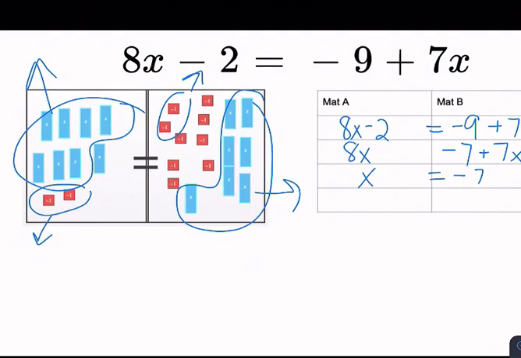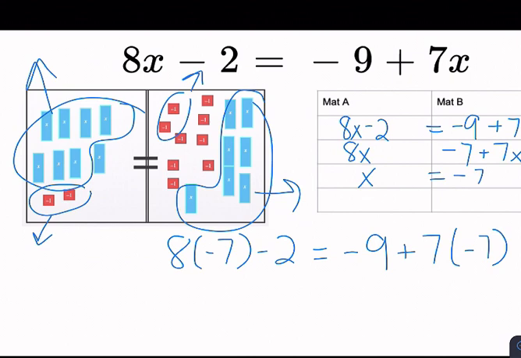And I can check my solution by doing 8 times negative 7 minus 2 and seeing if it's equal to negative 9 plus 7 times negative 7. So I'm just plugging in my answer that I got for x into the original expressions to see what I get.